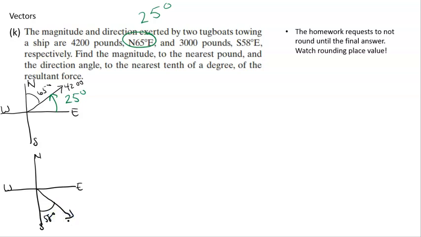Again, is that my direction angle? Why is that not my direction angle? Because your direction angle starts at the positive x-axis and goes to meet the vector right there. That's my direction angle. How do I find it? Don't I just do the same thing I did last time? 90 minus 65 or 90 minus 58?